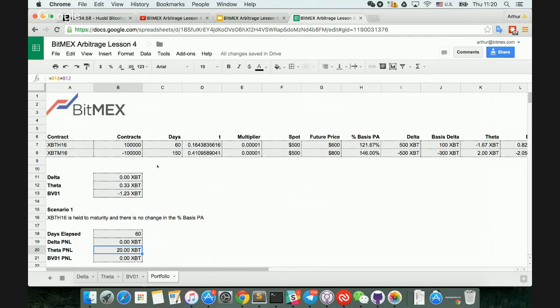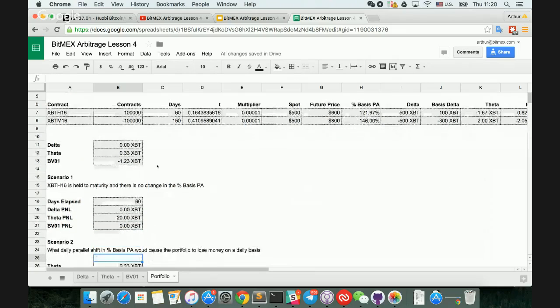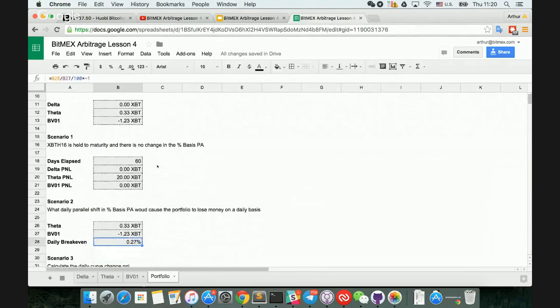Wow, that's great. So now you know, if that is your trade theory, the maximum amount of money that you're going to make from the perfect outcome of your trade, i.e. nothing changing and time just elapsing. Second scenario, what if there's a daily parallel shift in the percentage basis per annum, and you have mark-to-market gains or losses?